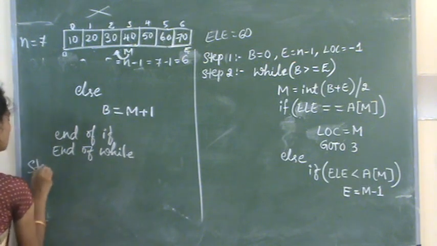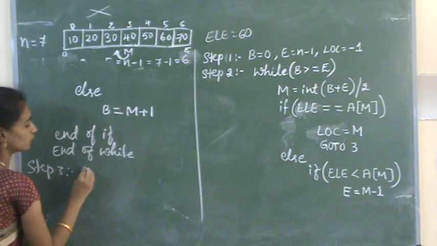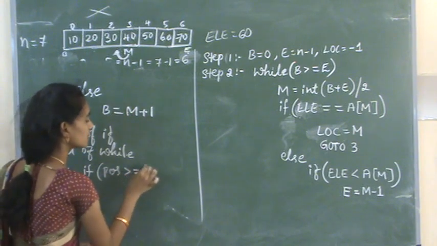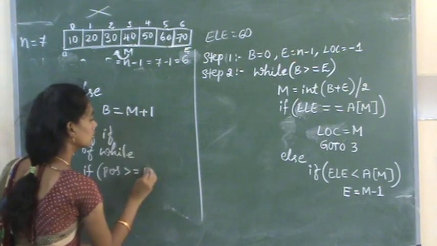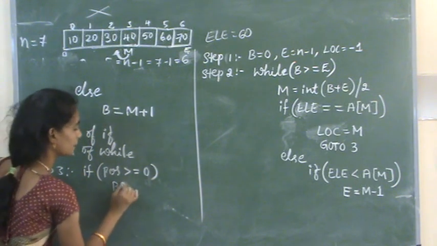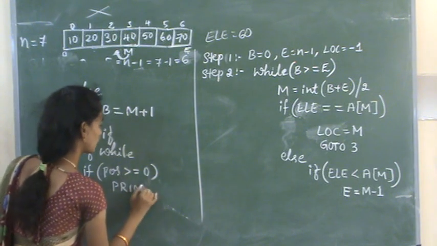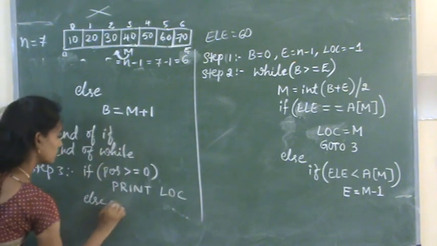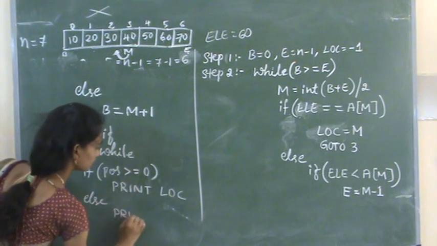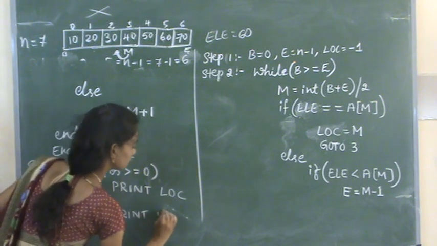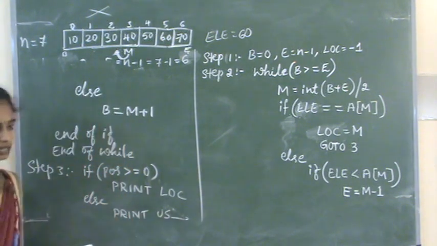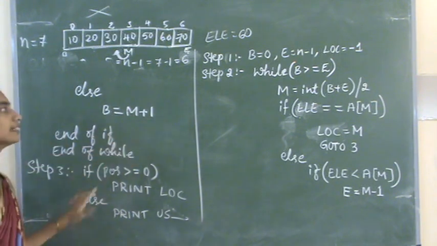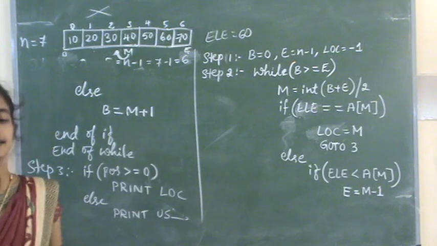Then step 3, we know that if position is greater than or equal to 0, print location, else print unsuccessful search. Step 4 is exit. So this is the algorithm for binary search.